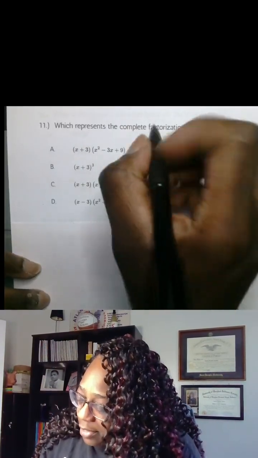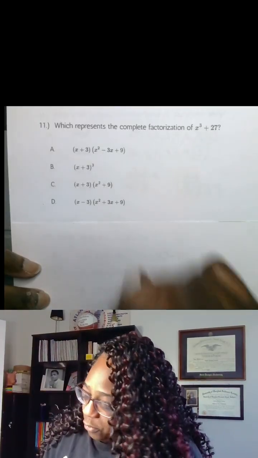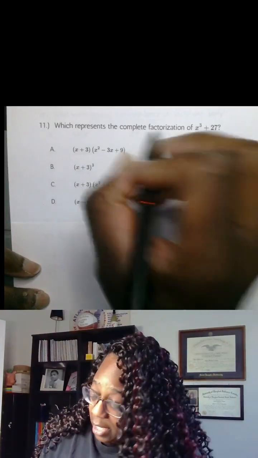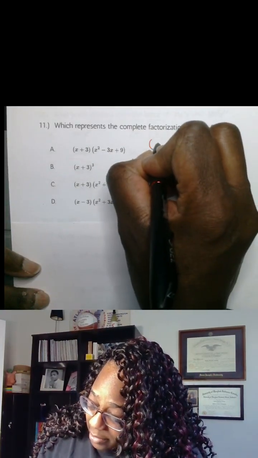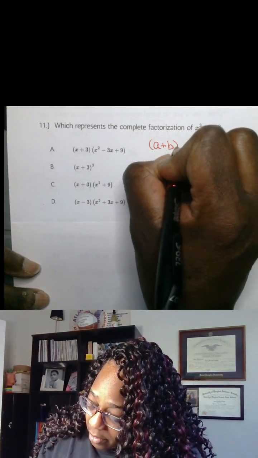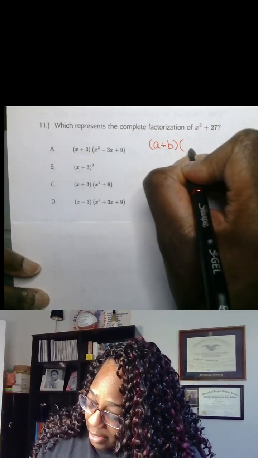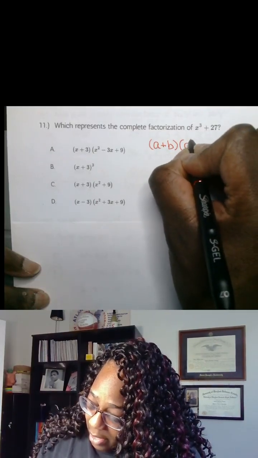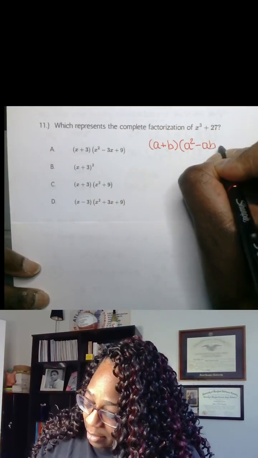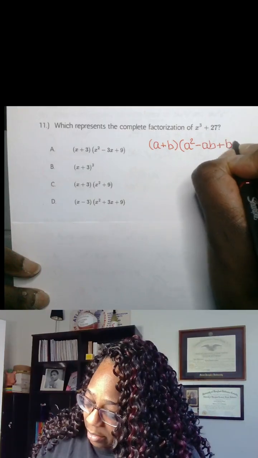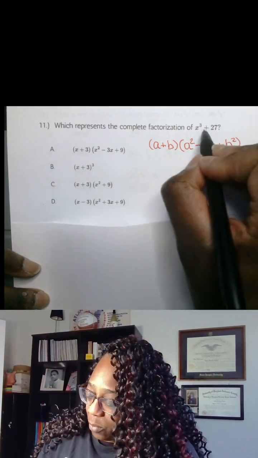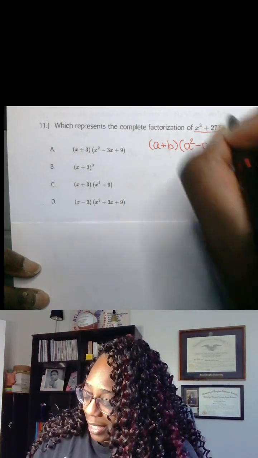So this is the format for dealing with cubes. The first parenthesis, I'm going to put them in A's and B's, is going to be addition. The second parenthesis is your A squared minus your AB plus B squared. This format is for when your original is addition.